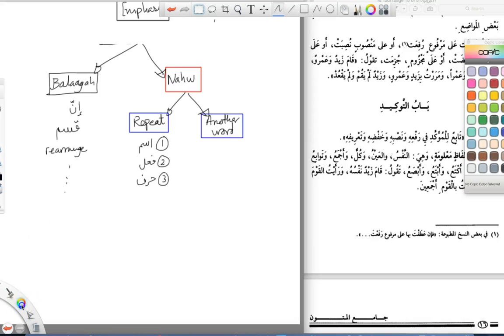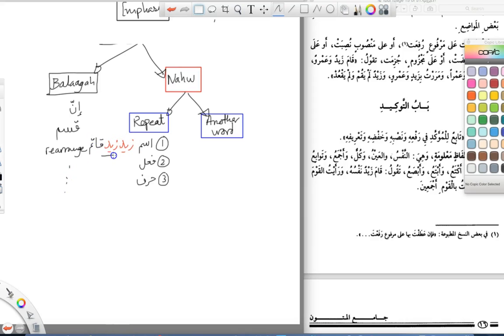For example, if I say in Arabic, Zaydun, Zaydun, Qa'imun. Zayd, Zayd is standing.